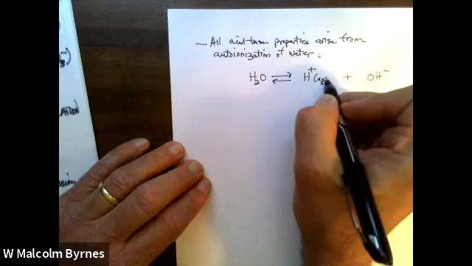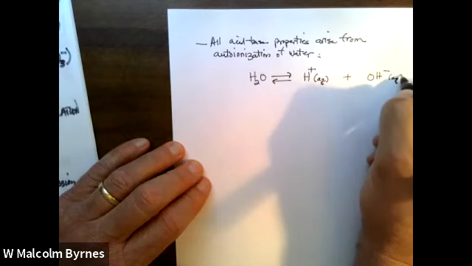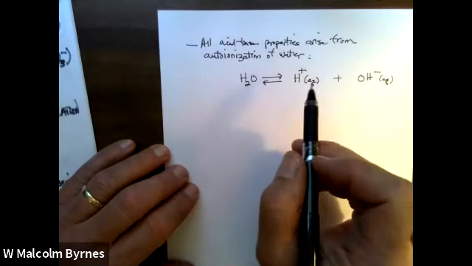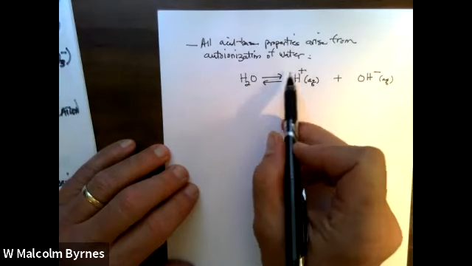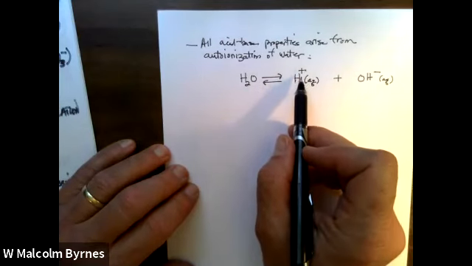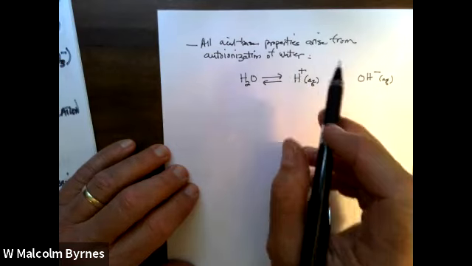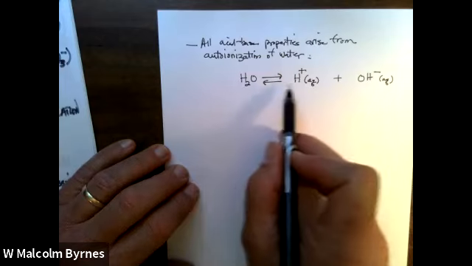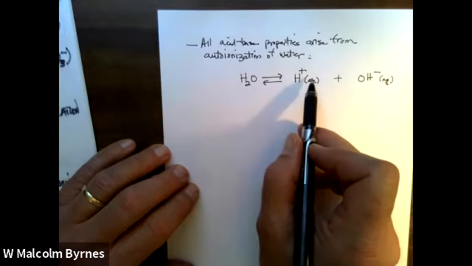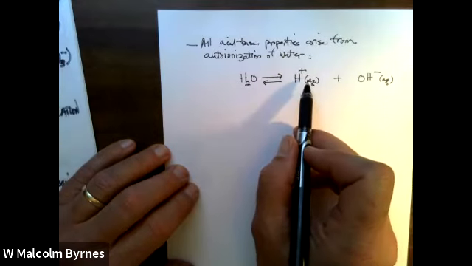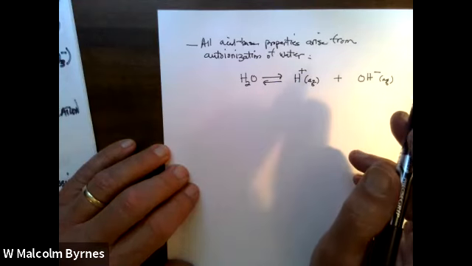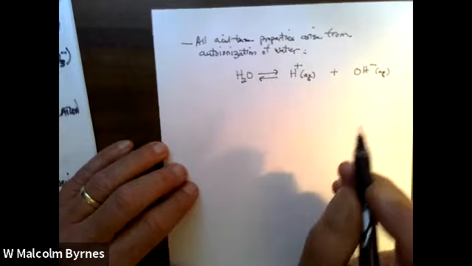Both of these are dissolved in water, and actually this is a simplistic way of writing it, because this hydrogen ion is actually attached to a water. And actually, I could write it as two waters forming a hydronium ion, H3O plus, and an OH minus. But this is sort of a simplified way of writing it.